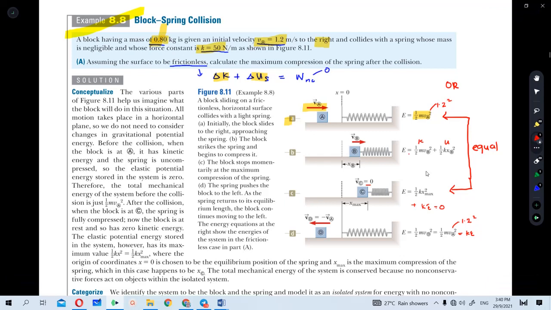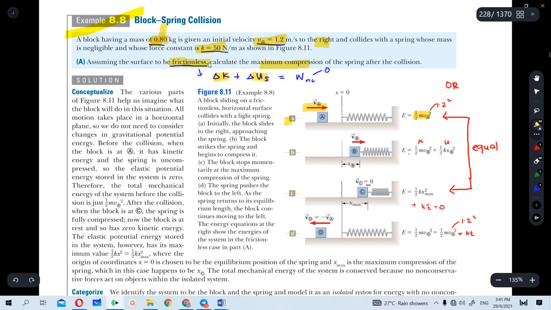Maknanya mula-mula punya full kinetic energy, then dia give off to potential supaya spring compress, and then when it goes away in the opposite direction, no longer interacting with the spring, then dia gain back dia punya energy waktu awal-awal, the kinetic energy.